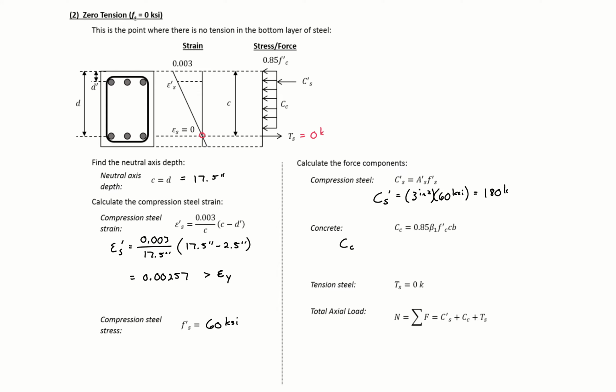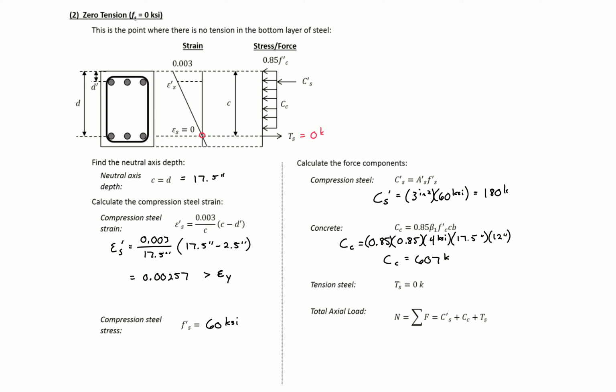It's going to be equal to 0.85 times f prime c, 4 ksi, times beta 1, 0.85, times c, 17.5 inches, and then times b, 12 inches. And we'll find then our compression force for our concrete equal to 607 kips.